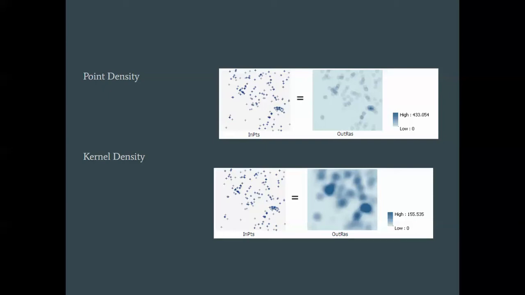So again, different ways of understanding it. It's not that one or the other is right, it's that they tell us different things. One, point density, looks at each point and its neighbors, whereas kernel density looks at each cell and the number of phenomena and their proximity to that cell.